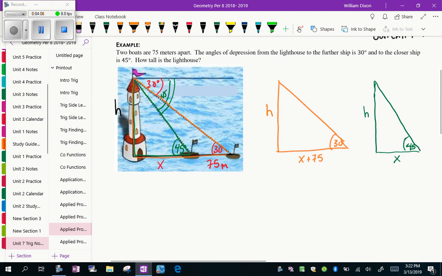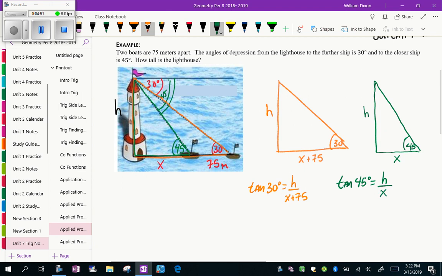So I'm going to write down the tangent of 30 degrees equals my opposite, which is h, over my adjacent, which is x plus 75. And then for the green, smaller triangle, the tangent of 45 degrees equals my opposite, which is h, over my adjacent, which is x.